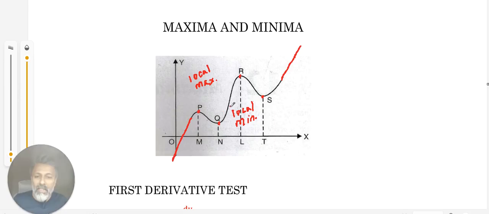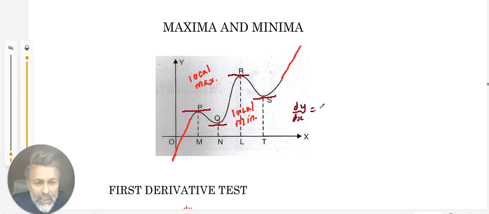So our study is usually in the local ones. Now look at points P and R. If you draw a tangent to points P and R or Q or S, you are realizing that its slope dy upon dx will be 0, because the tangents will be parallel to the x-axis, and the slope of the x-axis is 0.